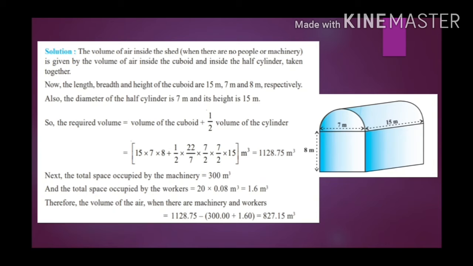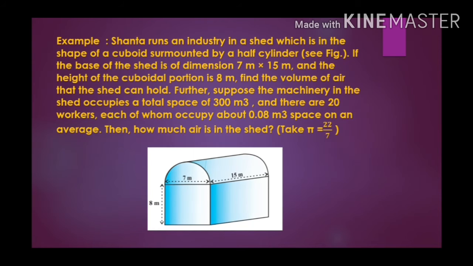Now look at the second part. Next, the total space occupied by the machinery is 300 meter cube, and the total space occupied by the workers is equal to 20 into this one. Why? Because each worker occupies this much meter cube space, that means 20 will occupy 20 into this much.